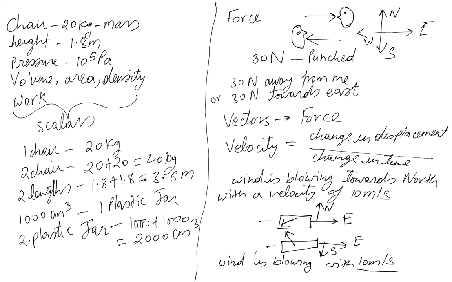So basically most physical quantities can be specified as scalars, which just need a number, and we also know how to add them, just like numbers, and vector quantities that need a number as well as the direction to be specified completely. And we'll talk about how we add these physical quantities called vectors in the next lecture.